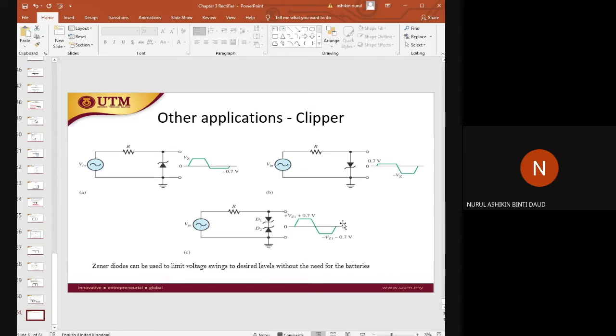If you want to read further information, you can just Google about this clipper and all those things. And again, things that I want to inform you for your test: we haven't done the quiz yet. I want to do the quiz around next week, maybe on Tuesday.